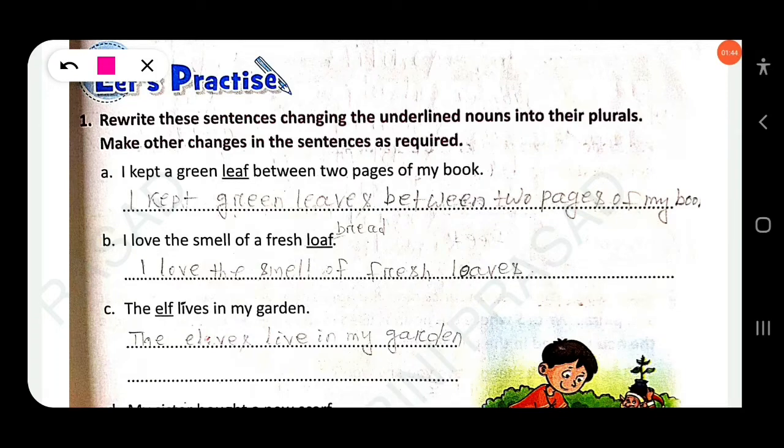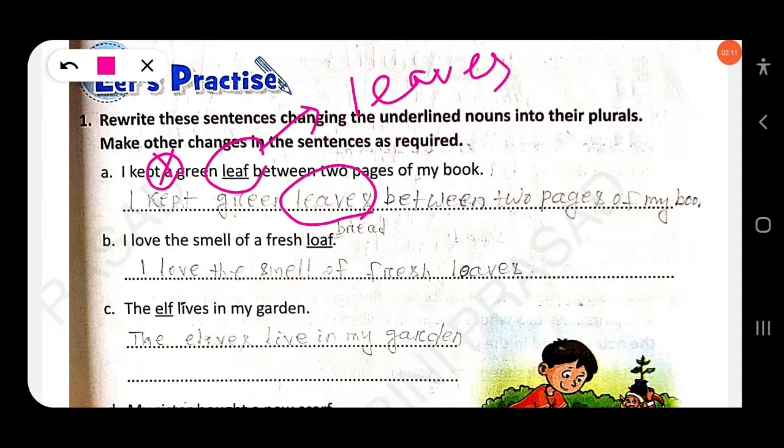Here, a is used as it refers to singular, but when we change this singular into plural, we remove the indefinite article. So I kept green leaves. The noun ends with f, so its plural form will be leaves. I kept green leaves between two pages of my book.